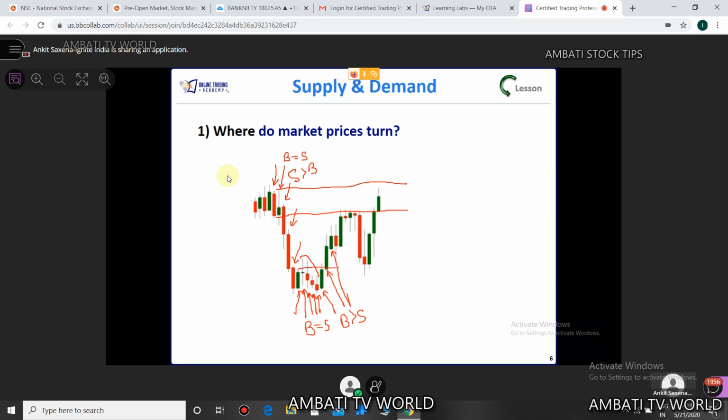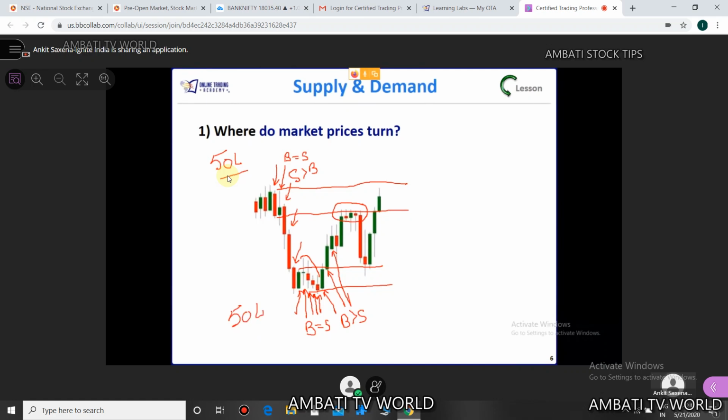Now let's mark this as well. Okay. Now what happened as soon as the price again touched the same zone? Now on this candle, let's suppose there were 50 lakh orders outstanding here and 50 lakh orders outstanding here.